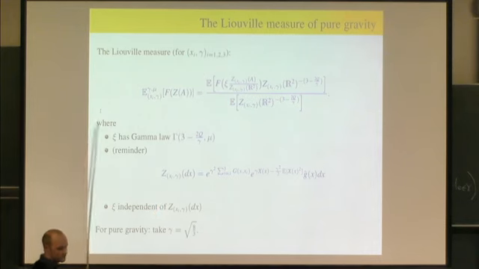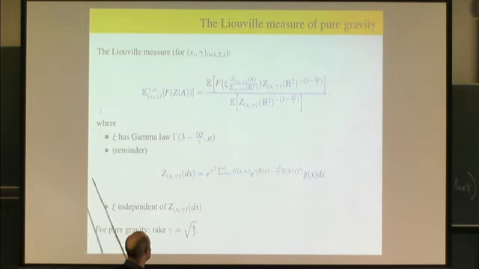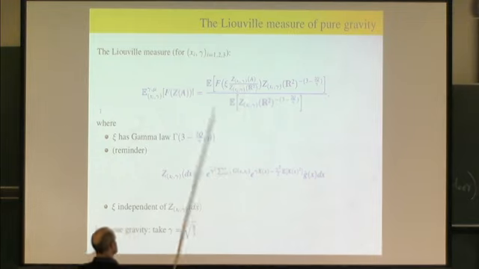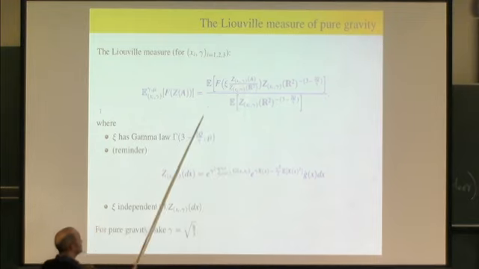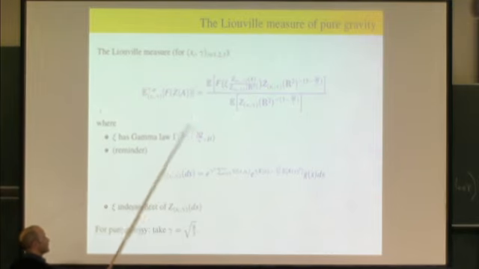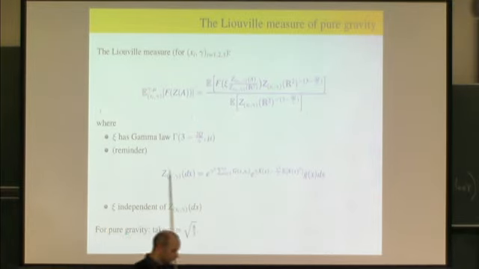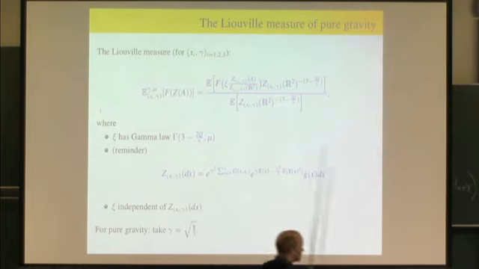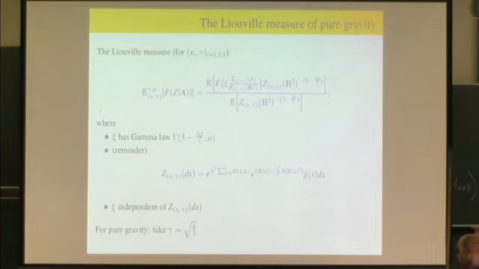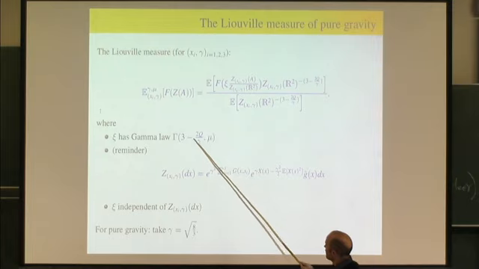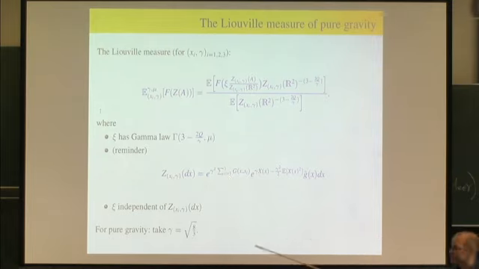This is what you get when you have constructed your quantum field theory. It tells you that your Liouville measure looks like this, okay? And here, you have an explicit expression for the gamma law of your Liouville measure. So, if you want this Liouville measure to be the scaling limit of your triangulation, you see that at least the volume of space must be the same as the volume of your Liouville measure.